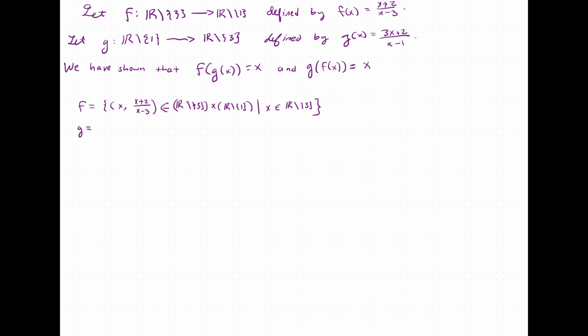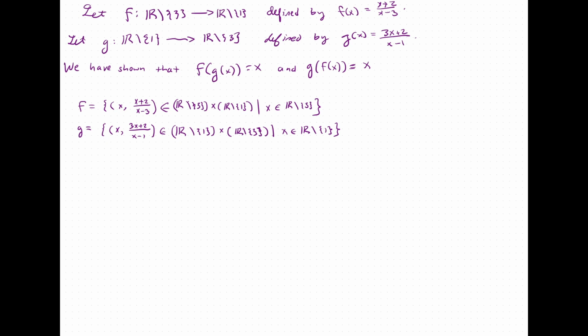We have our g, and g is x comma, but now 3x plus 2 over x minus 1, and now this is in the Cartesian product, R minus 1 cross R minus 3. And so now we have that x is now an element in the real numbers minus 1. So x is not equal to 1.